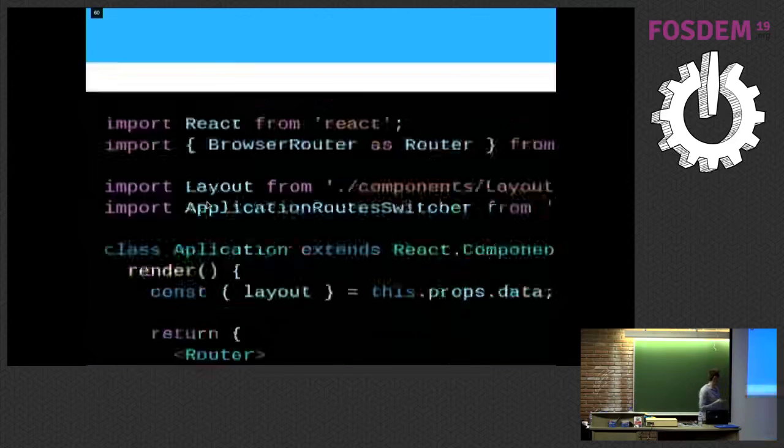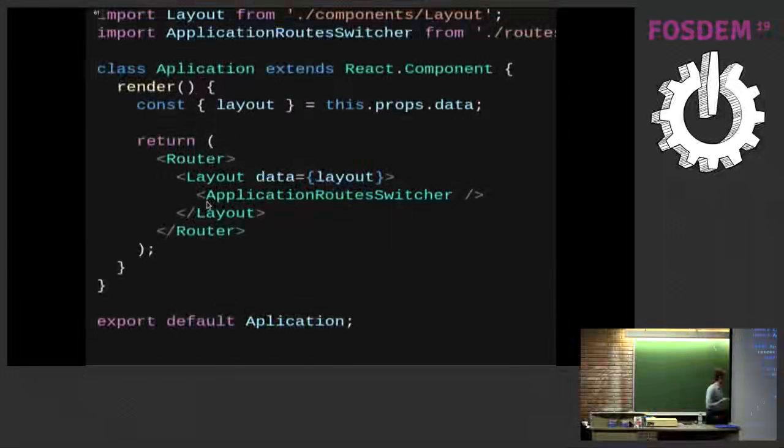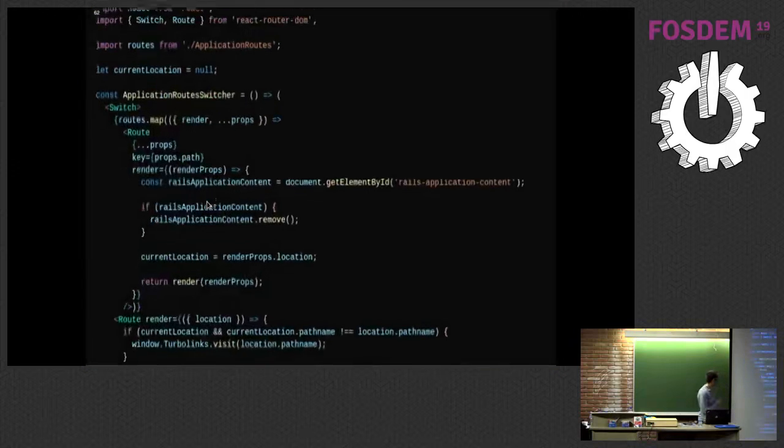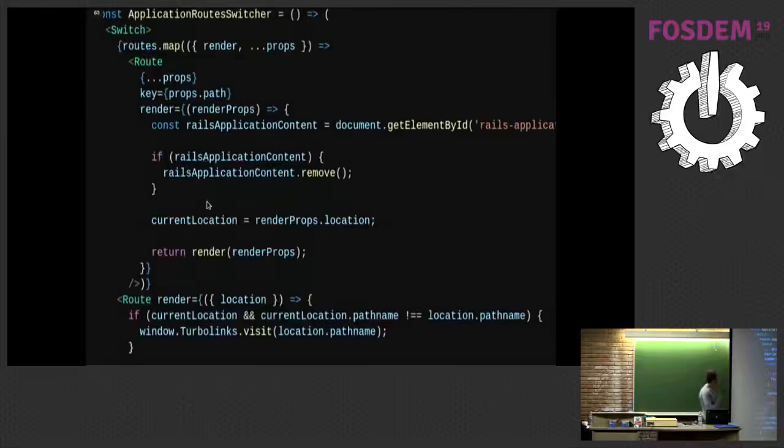So this is our route. As you can see, the router wraps our layout, as you saw before. And this is our switcher. With this switcher, we can switch between our pages. So how does the switcher look? It looks something like that. I have the switch here, and I iterate over my entire routes.